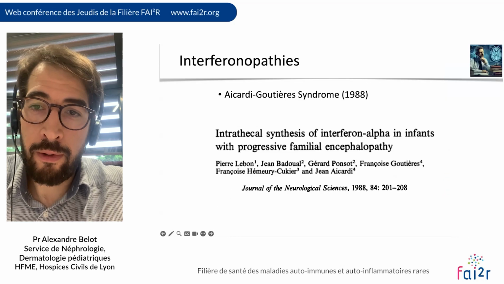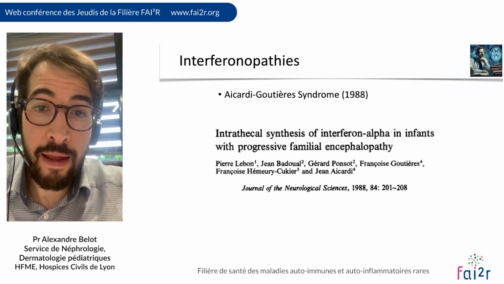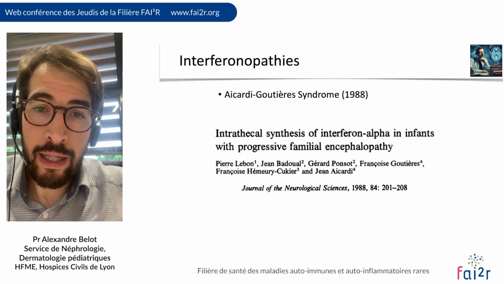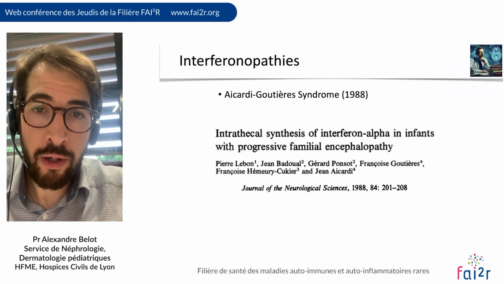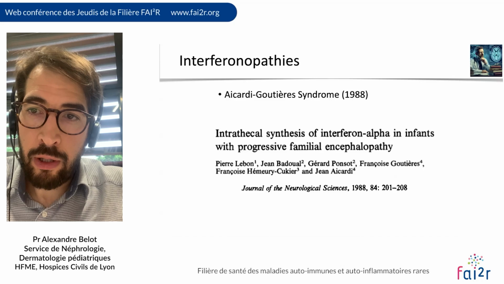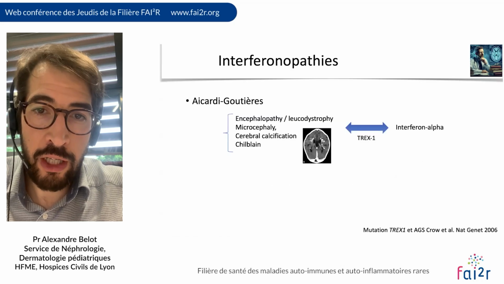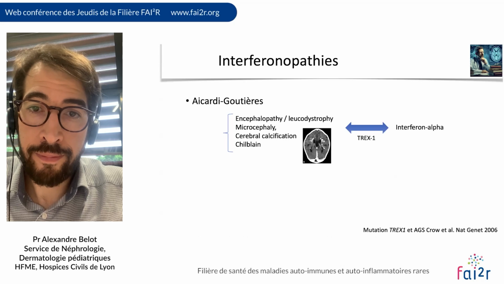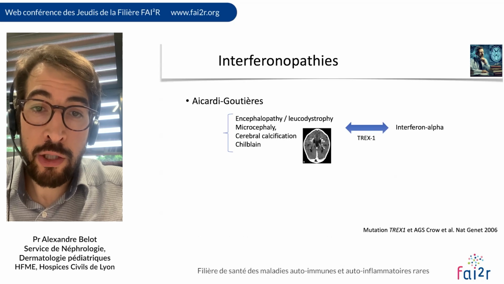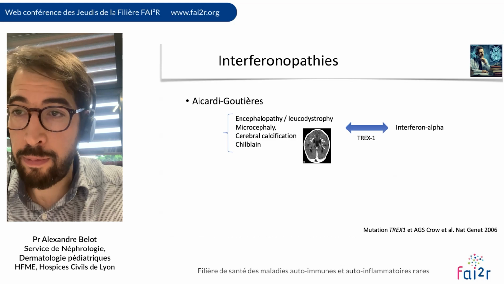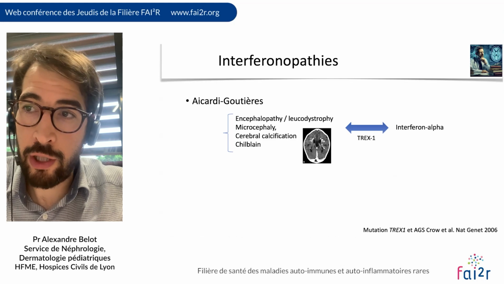Four years later, Pierre Lebon identified in the CSF some expression of interferon alpha. That was used as a biomarker of this disease. But it was more than 20 years after that the first gene was identified by Yanick Crow, and this gene is named TREX1. This gene explains why these patients produce too much interferon alpha.